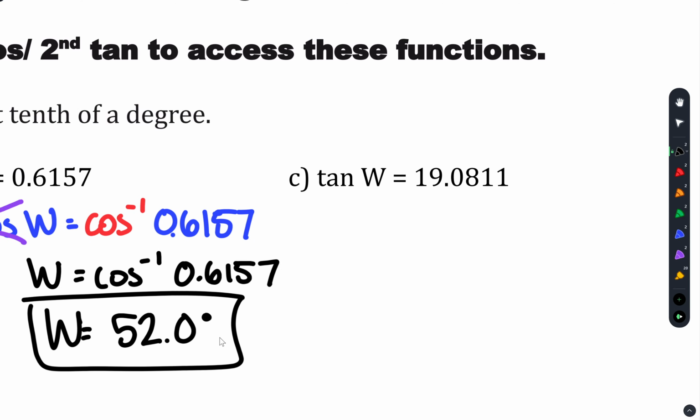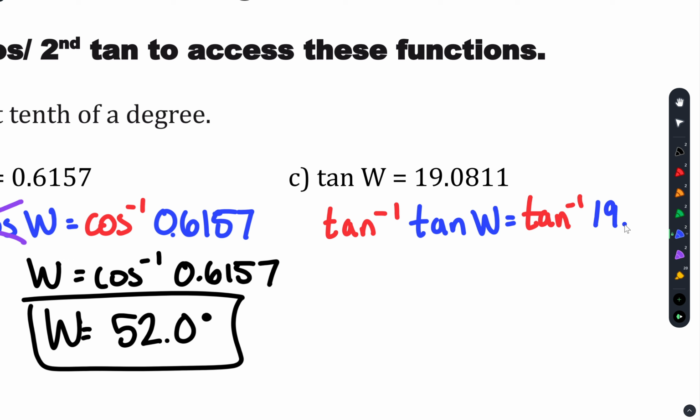And then one more. Obviously, the opposite of tangent is going to be inverse tangent. So I'm going to do inverse tangent of both sides here. Tangent inverse cancels out tangent.